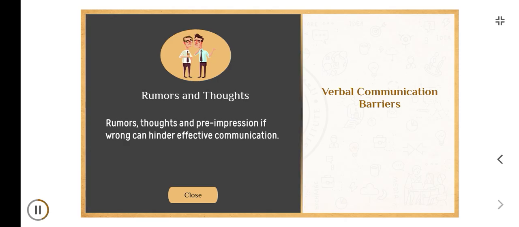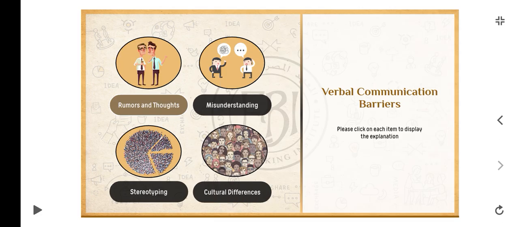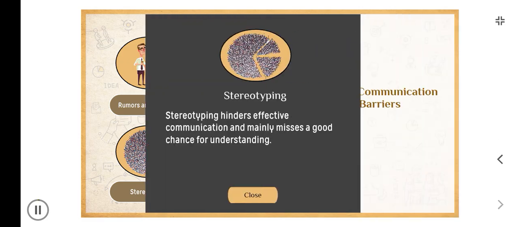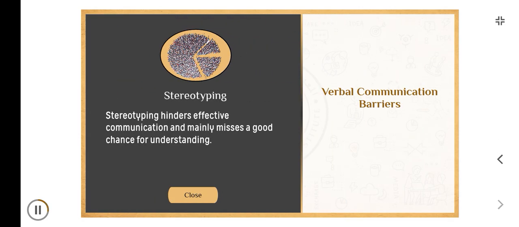Rumors, thoughts, and pre-impressions, if wrong, can hinder effective communication. Misunderstanding. Using words can sometimes cause misinterpretation that may result in conflicts and hinder effective communication. Stereotyping. Stereotyping hinders effective communication and may lead to missing a good chance of understanding.